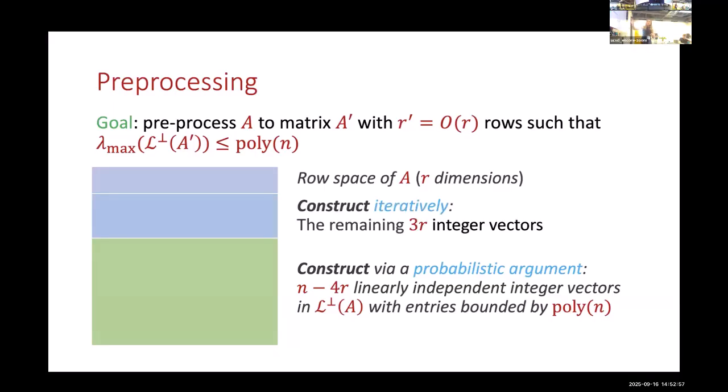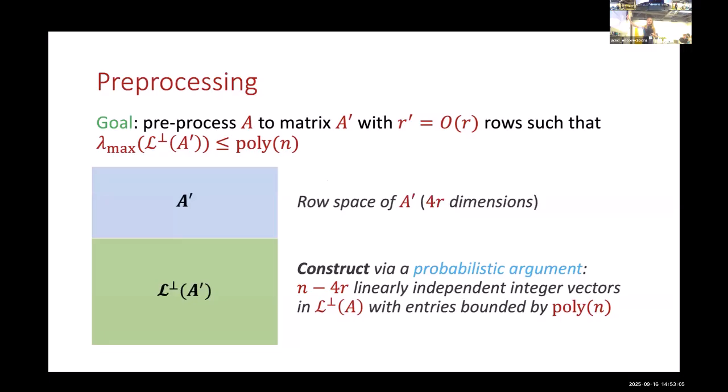And then we will construct iteratively, say using Siegel's lemma or any other way, the remaining 3r integer vectors. Then we will add those 3r vectors to A prime and form the new preprocessed matrix A prime, which will only have a constant times number of dimensions.